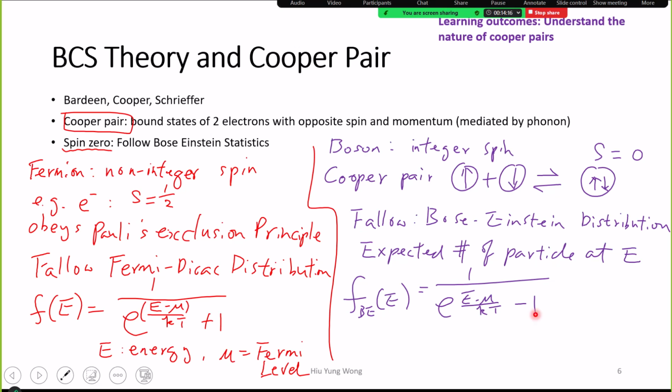So what is the Bose-Einstein distribution? Right now, if this chair is empty, this time we're not filling people. We may be filling books. You can put a book on the chair. If you have more books, you can continue to put them on the chair. And it's unlimited. So there's no Pauli exclusion principle.